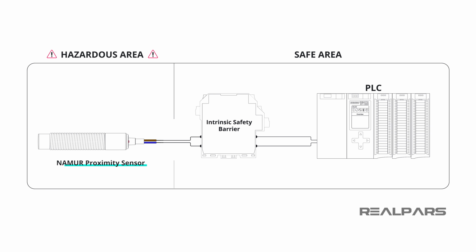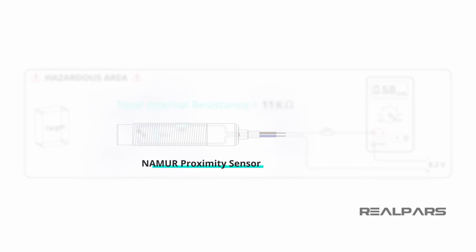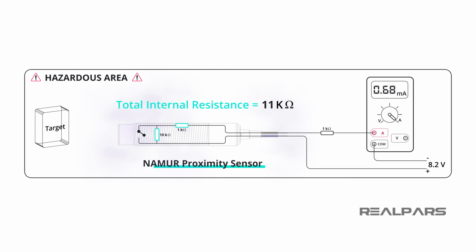Namur proximity sensors were developed to ensure safety in hazardous areas that have explosive gas, dust, or fibers present. Namur proximity sensors are considered intrinsically safe. A Namur proximity sensor will produce two different and distinct current output levels corresponding to the target position.